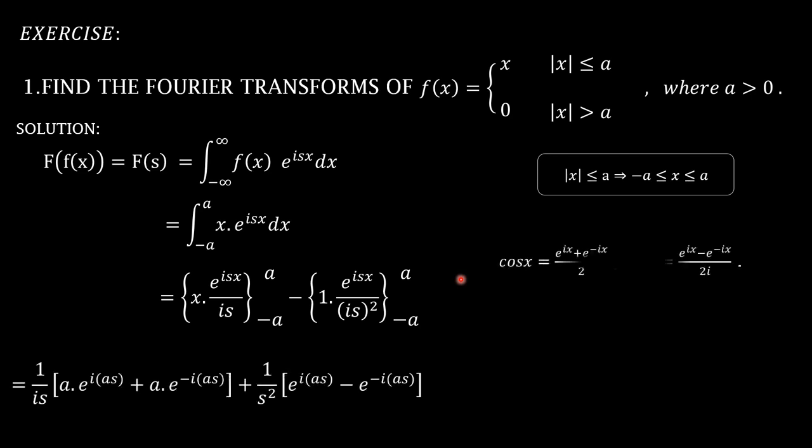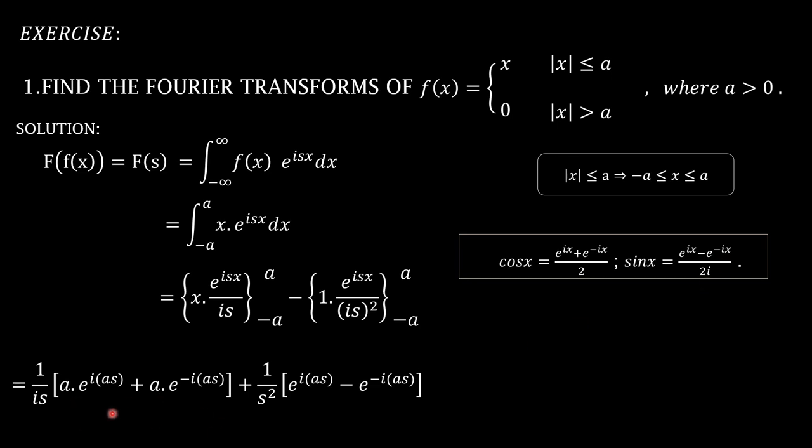Apply the limits and observe that cos x can be written as e to the power ix plus e to the power minus ix by 2, and sin x can be written as e to the power ix minus e to the power minus ix by 2i.